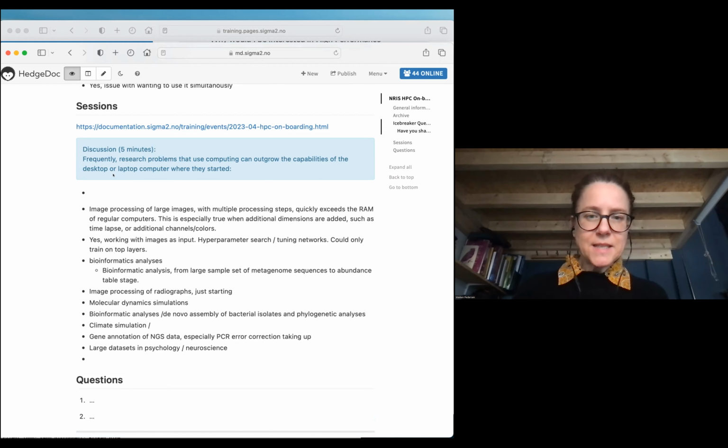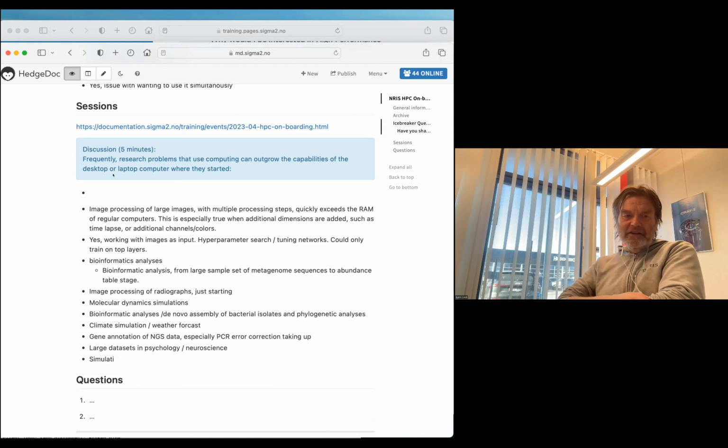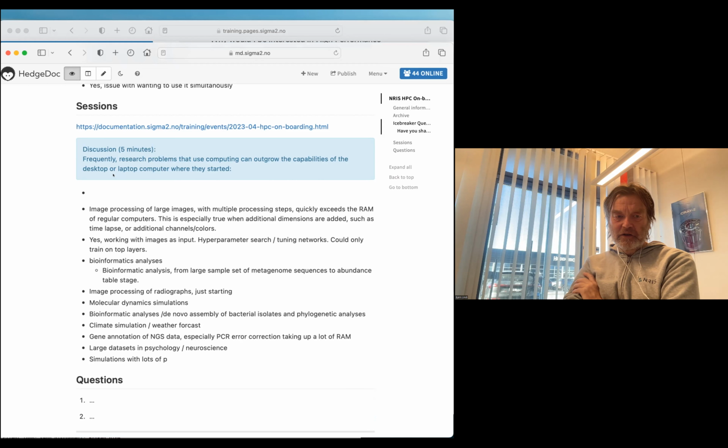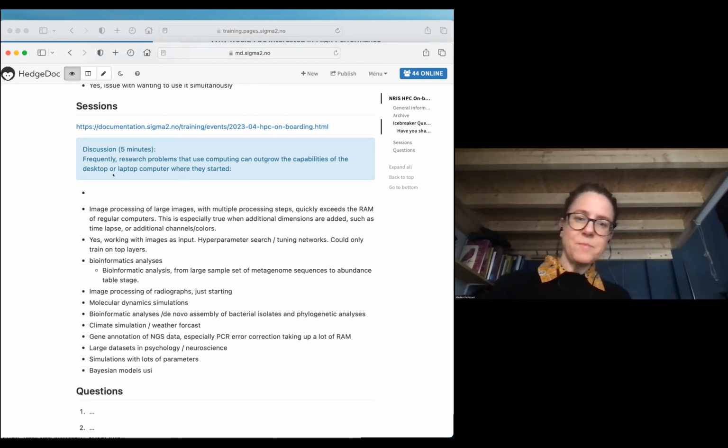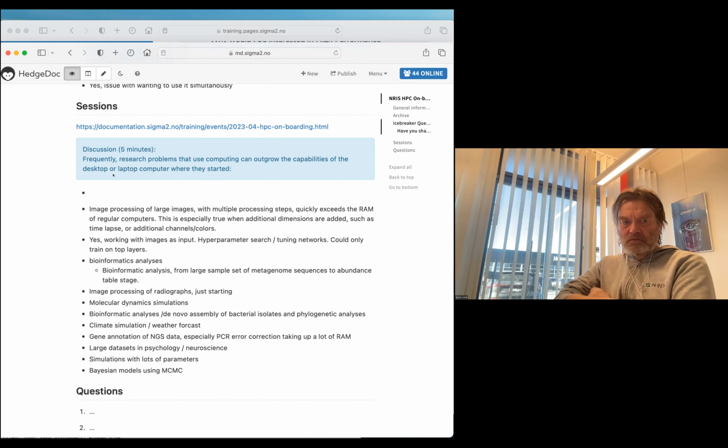So a lot of bioinformatics, it looks like. A lot of bioinformatics, yes. So I guess if you have large gene sets, it's hard to fit them into a desktop. And climate simulation, that's also something that needs large models that are really intensive on memory and CPU.